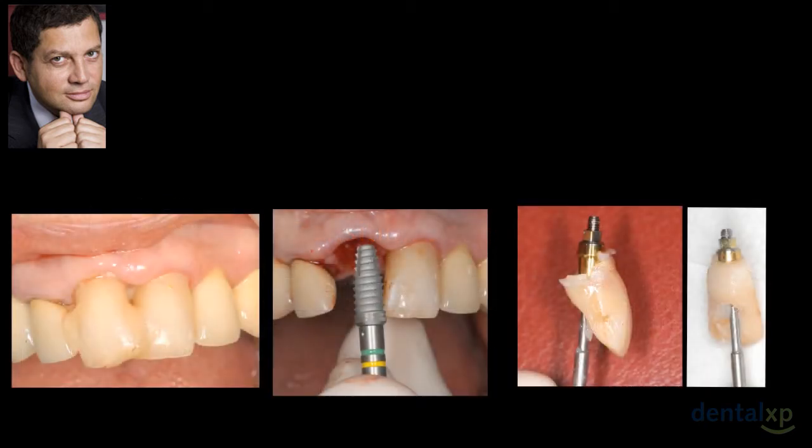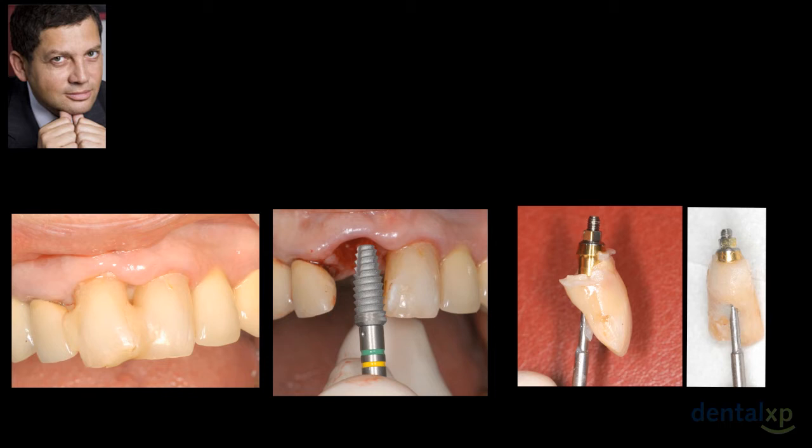So in this case you can see that after extraction of the tooth we have interproximal soft tissue which is not supported by the underlying bone, so we want to preserve the soft tissue at the same level. In this case, we are using a Tapered Plus implant from BioHorizons, which has a Laser-Lok shoulder, but also a bevel, so it can engage with the soft tissue.